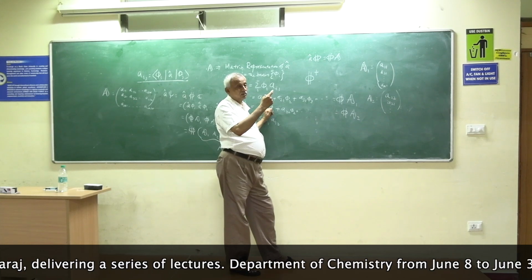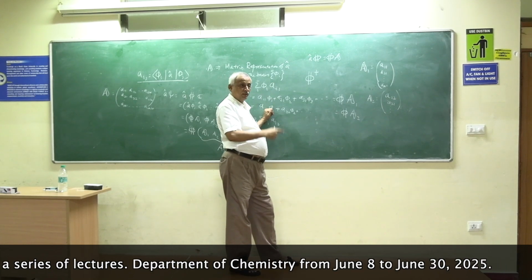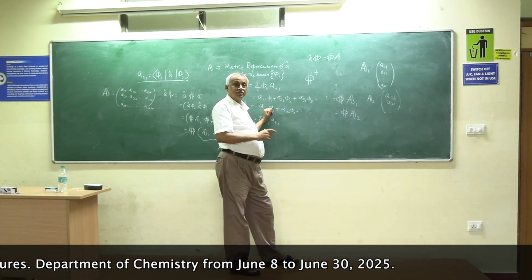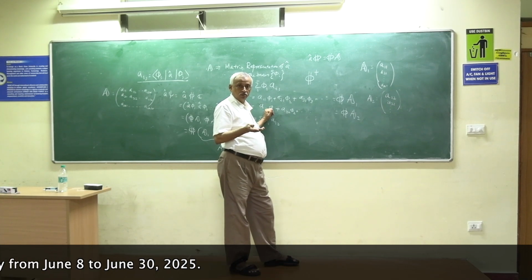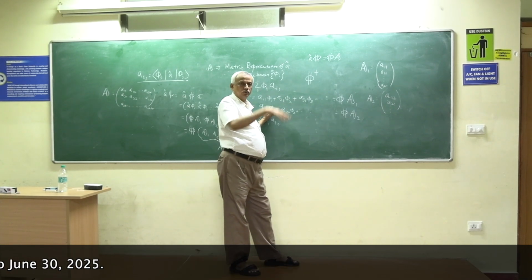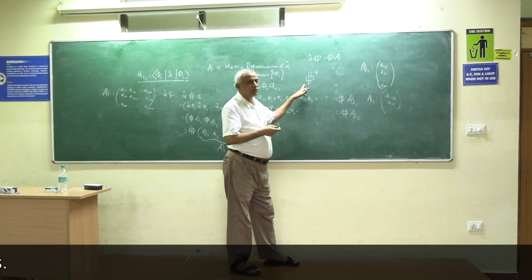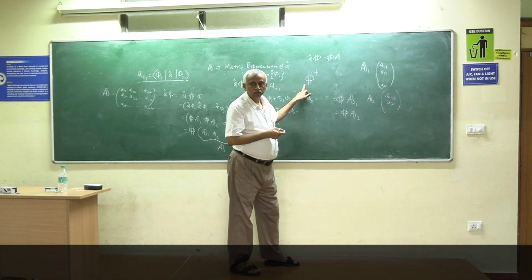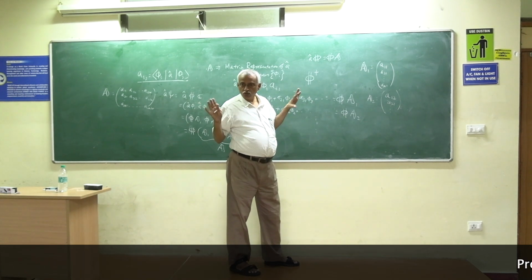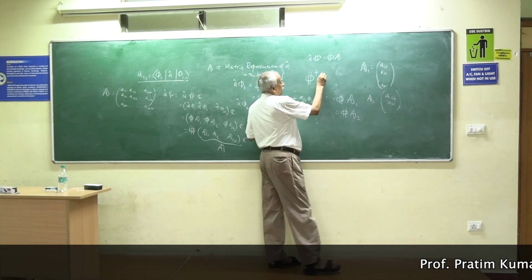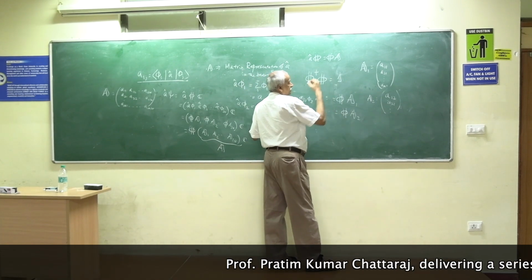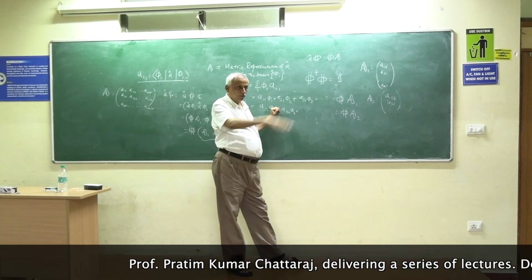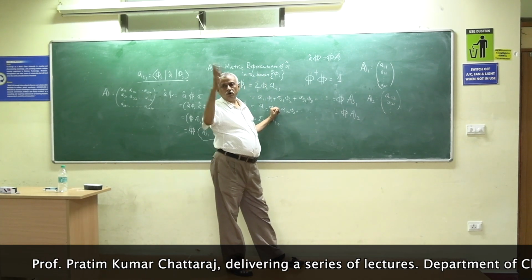You take the original phi matrix and transpose it. Transpose means you make rows to columns and columns to rows, and take the complex conjugate of all the elements. Then you will get this phi dagger. And if it is an orthonormal basis vector, your phi dagger phi would be a unit matrix, because it will have one along the diagonal and all off-diagonal elements zero.